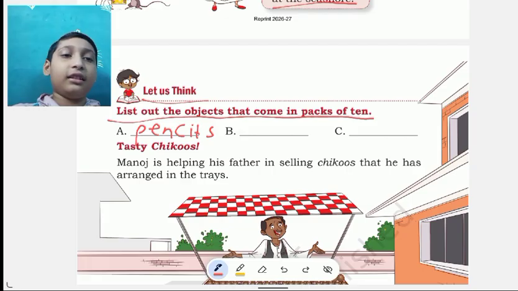Then we have to think of another thing that comes in packs of 10. What could it be? What can it be? Oh, aha, pens.